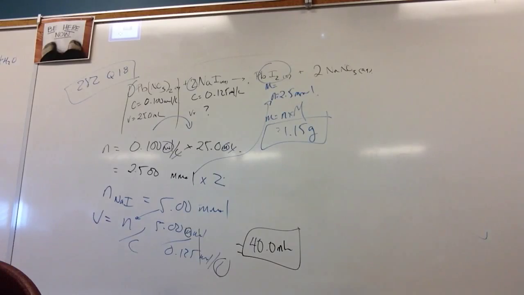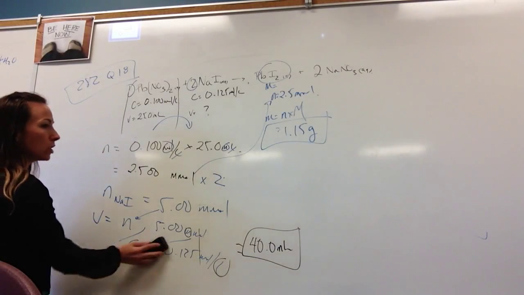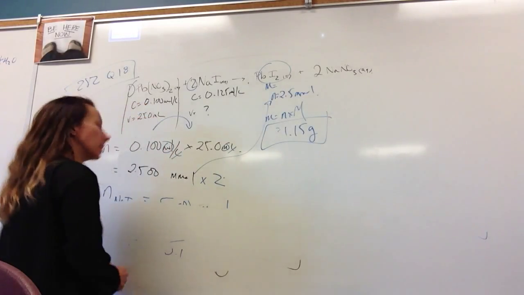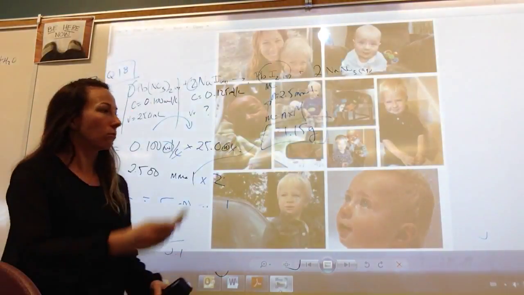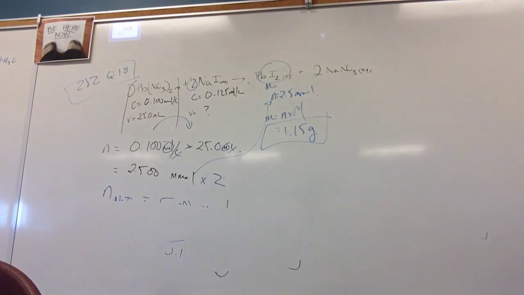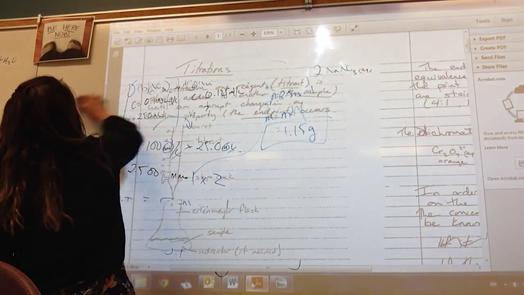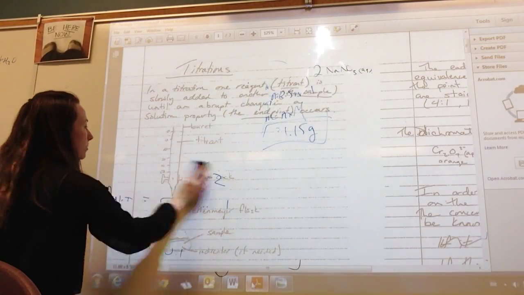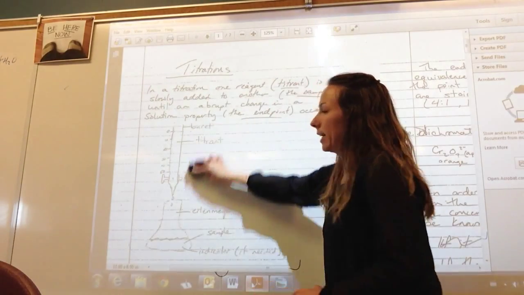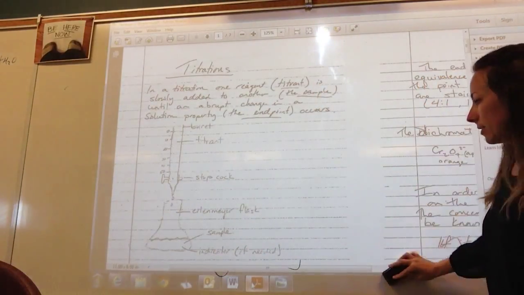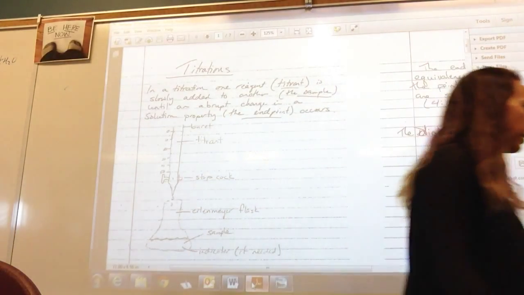Okay, so grab your packages out for your titrations. The first bit of that package is just titrations and some definitions that you hopefully committed to memory last year, but probably didn't.